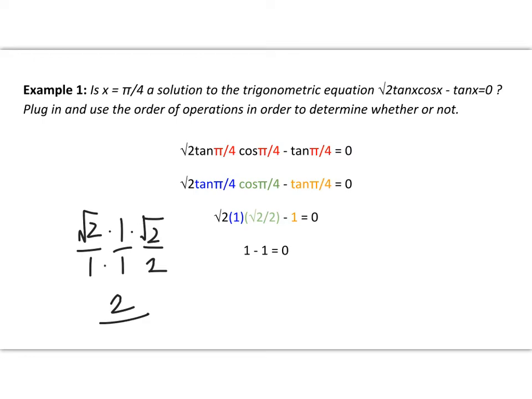And then 1 times 2 gives me 2 in the denominator. And that simplifies to 1, which gives me this first term. And then obviously this one at the end, there's nothing to do with it but bring it down. And we know that 1 minus 1 equals 0. So since we have a true statement, 0 equals 0, we know that yes, pi over 4 is a solution to this equation.